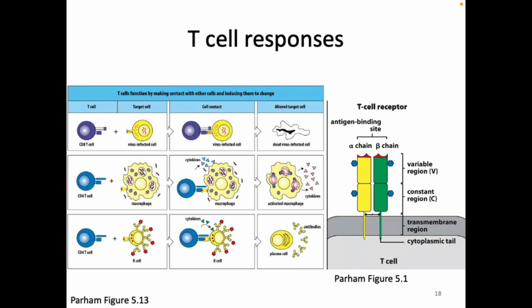And to segue off of that, particularly if we're thinking about class 1, that's something that was in the cytoplasm, which is often a virus. The best way to deal with a virus in particular is to kill that infected cell. So our T cell is going to be the CD8 T cell, which is going to be the killer T cell. If we're thinking about class 2, it could be bacteria.